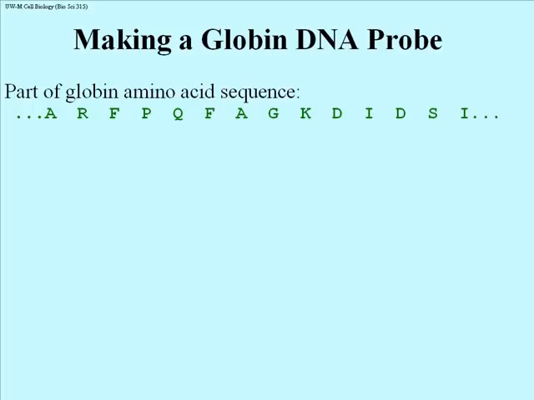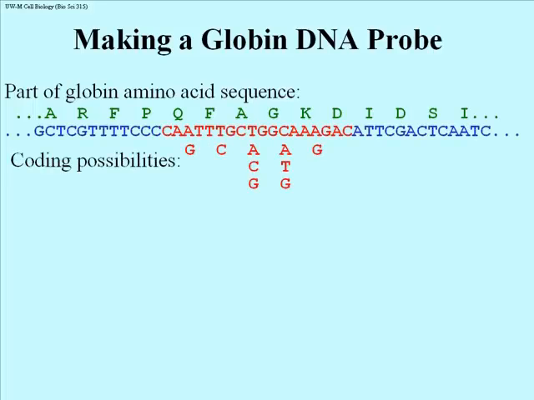In the early days of cloning, we really had very little to go on. We were able to do amino acid sequencing, for example, of various polypeptides and proteins. So here's an amino acid sequence of a Globin polypeptide. So we can look at that and say, what DNA or RNA would actually code for this?